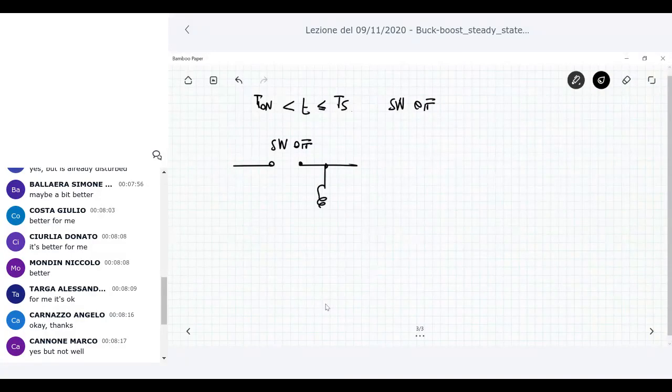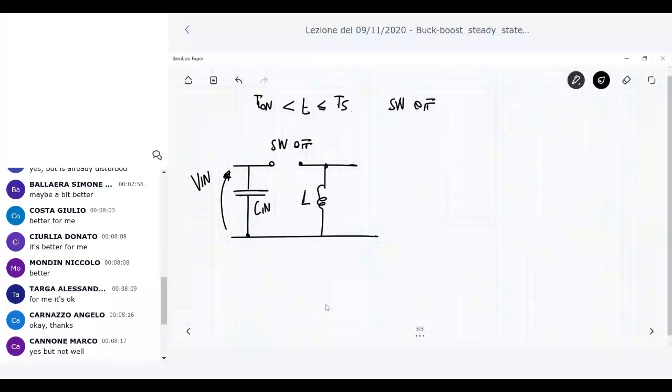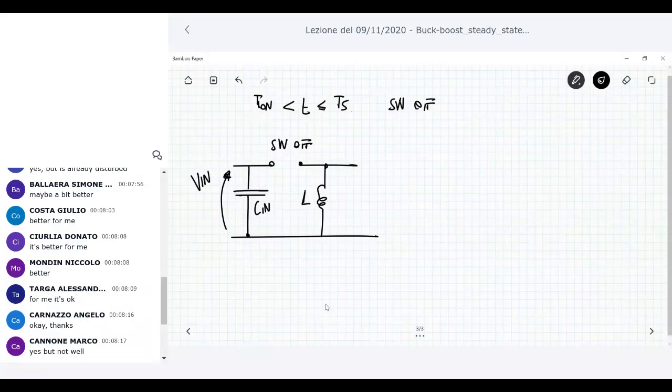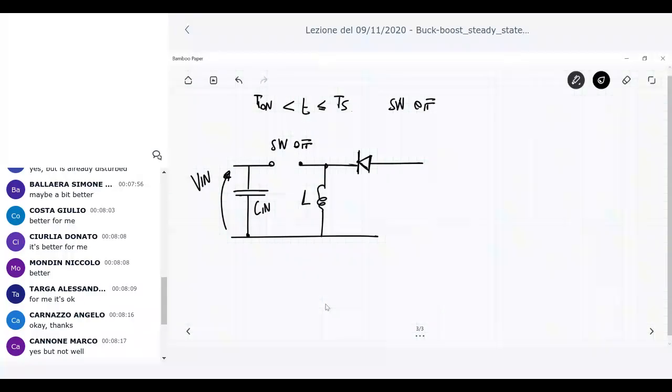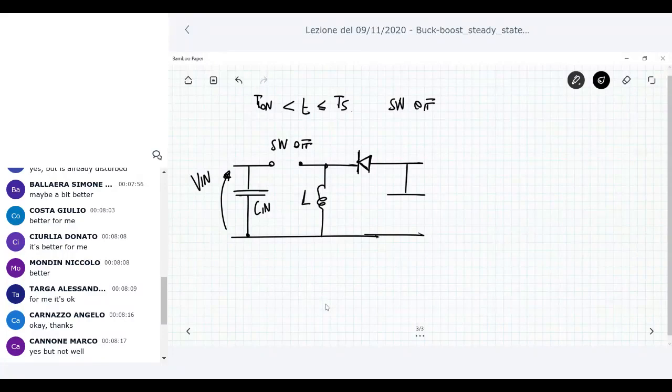Then you have the inductor L, here you have the input source V in, and then you have the diode. Then you have the output voltage. The output voltage across R with that polarity is negative, remember.